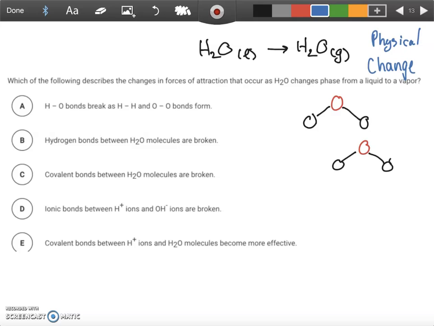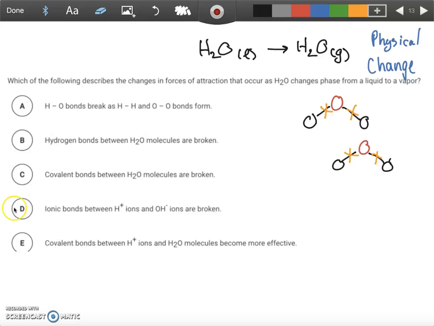Okay, so let's look at option A. The OH bonds break, the HH bonds and the OO bonds. Okay, so what that is suggesting is that we are literally breaking these bonds in between the atoms. Let me use a different color here. Breaking that one, and that one.